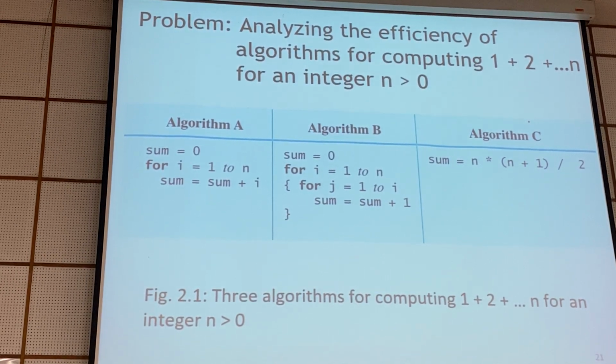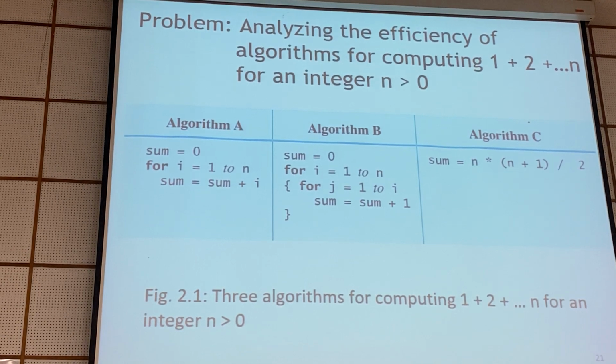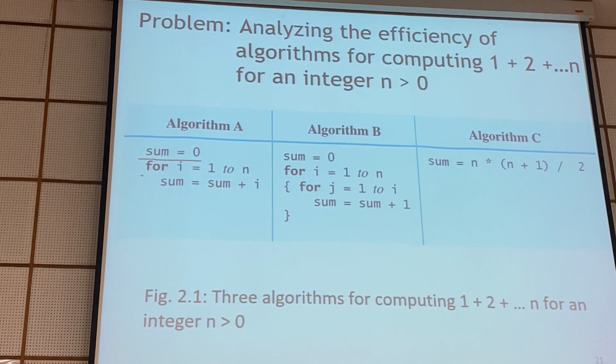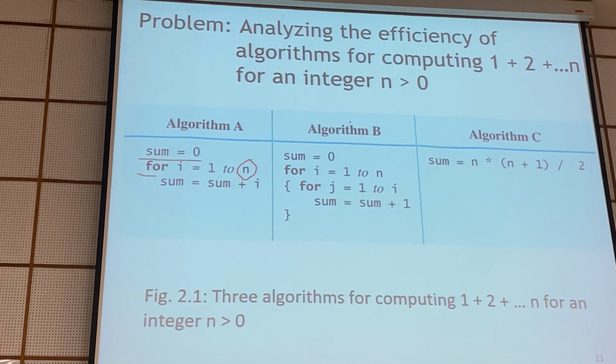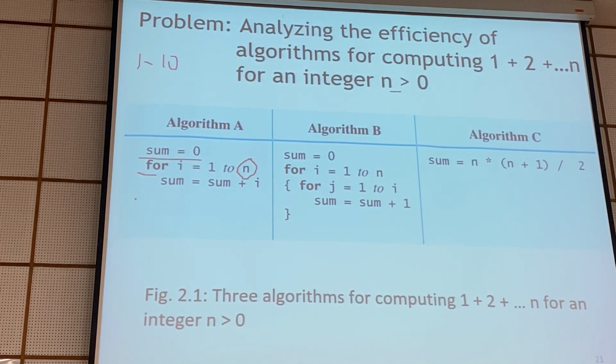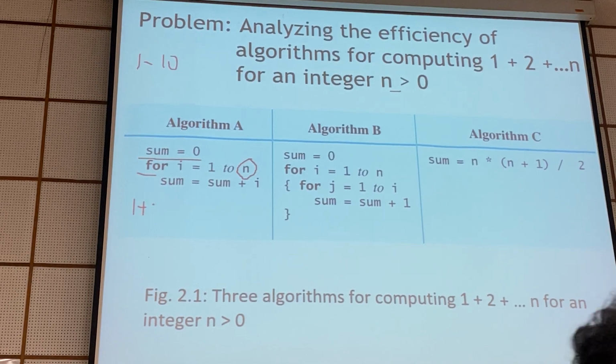In the first algorithm, you have sum equal to 0, and then we have the loop. We're going to go through the n value. So let's say 1 to 10 means n will be 10. You're basically doing this in a loop. 1 plus 2 is how much?